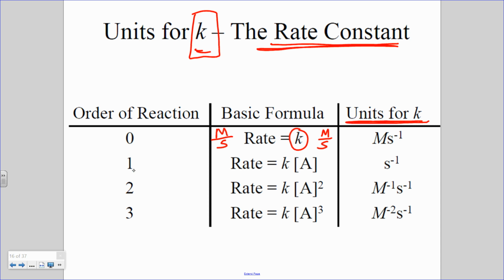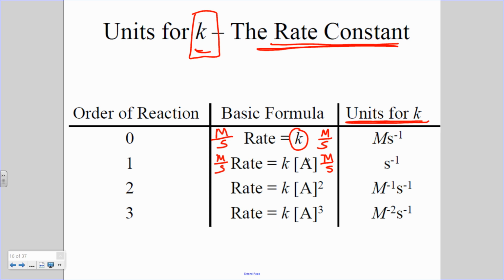So over here, first order reaction. Your rate law for that would be rate equals K times only one thing, this raised to the first power. So on this side, if this rate equals molarity per second, on this side, it has to also equal molarity per second.